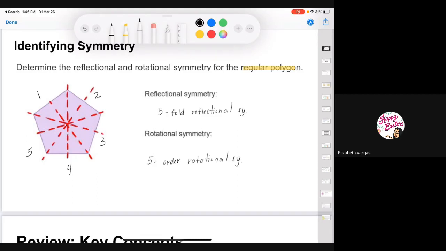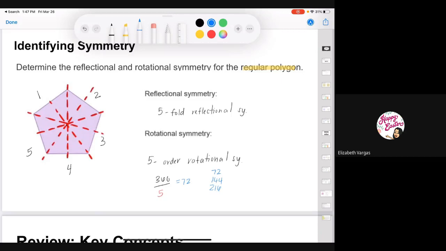And then what if I want to know all the instances in which I can rotate it? Well, 360 divided by 5. I'll do that for you. 360 divided by 5, 72. So 72 multiplied by each of the sides, so 72, 144, 216.